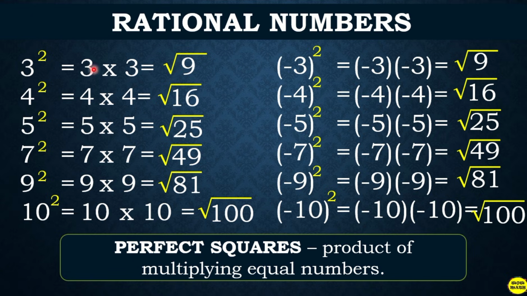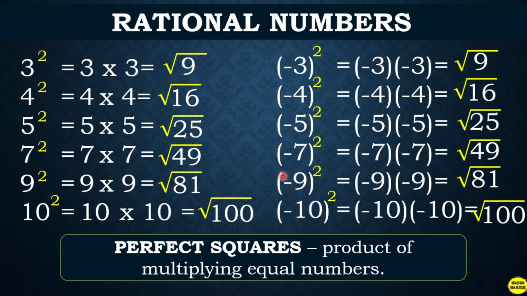Or simply, this is the product when we are multiplying the number by itself. Kung ano yung result o product nung dalawang numbers na minultiply mo by itself, yung product nun is what we called a perfect square. If I have 2 times 4 equals 8, 8 is not a perfect square. Why? Because 2 times 4, magkaibang number yon.